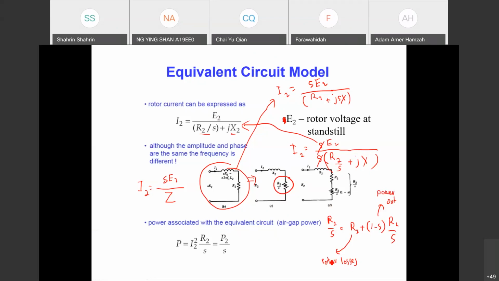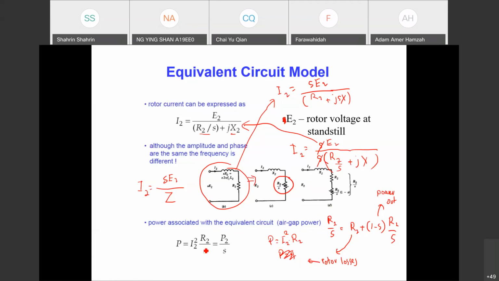So rotor losses is actually P is equal to I squared multiplied with R2. This is the rotor losses.